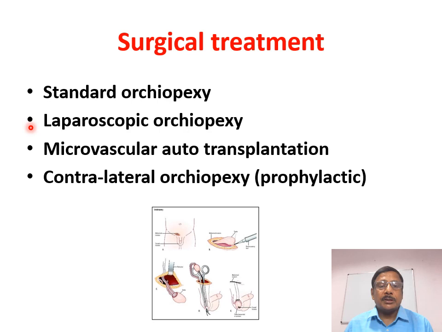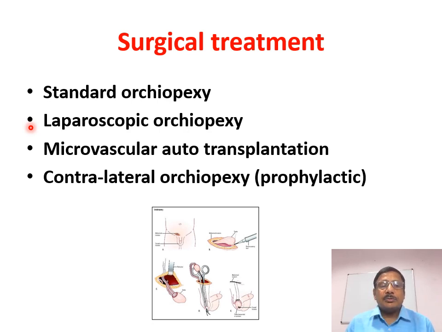Then through laparoscopy you bring the testis down into the inguinal canal, and from there onwards you make an open surgery and bring the testis down to the scrotal base. So here in the laparoscopy you need not open the abdomen and then bring the testis down.